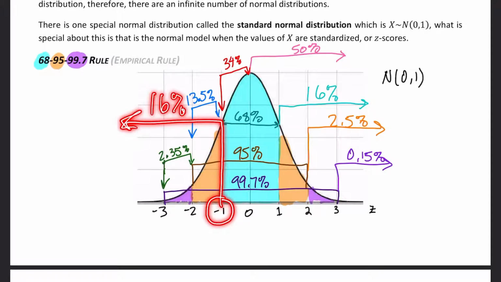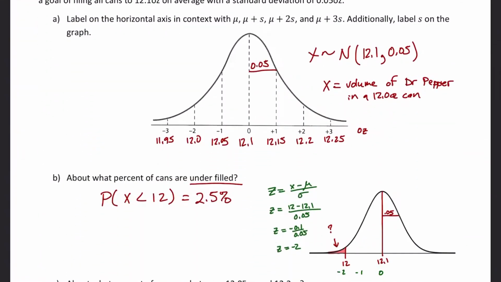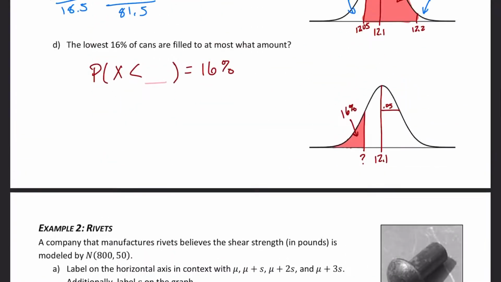Well, that's that z-score of -1. And I already figured out earlier that if I have a z-score of -1, then I'm at 12.05 ounces. So my blank is actually 12.05 ounces. So the probability that I grab a random can and it's less than 12.05 ounces is 16%.